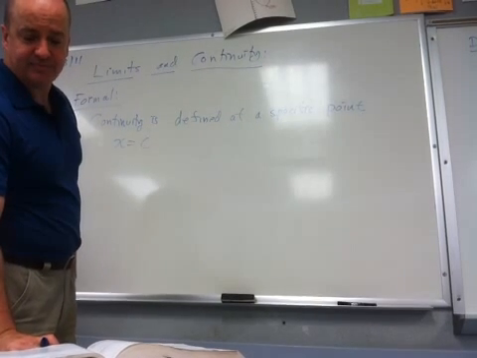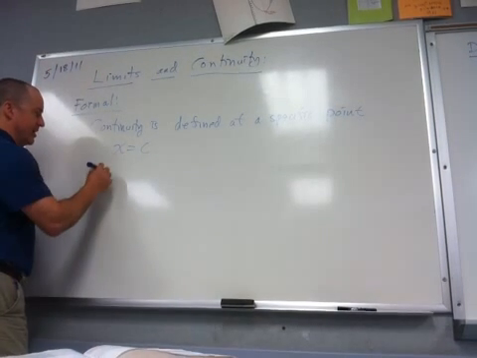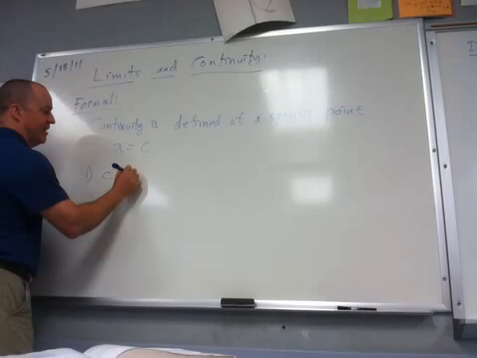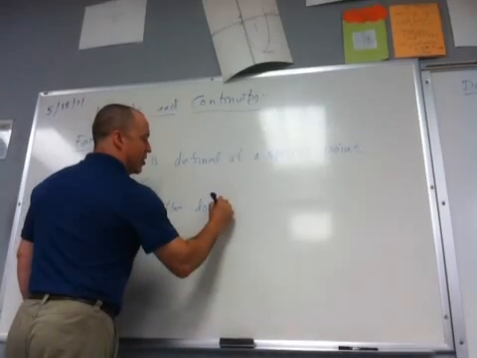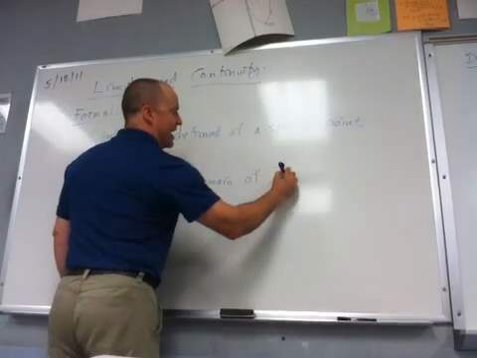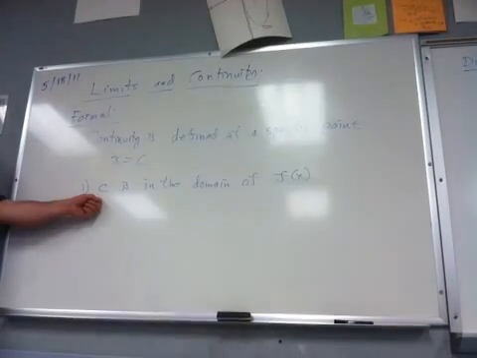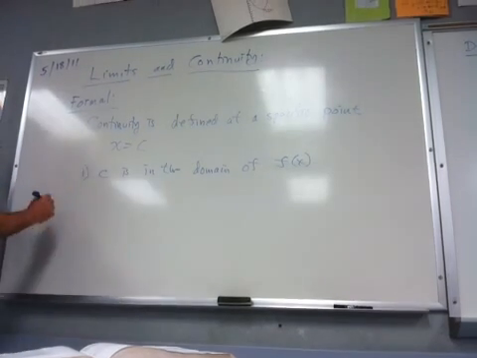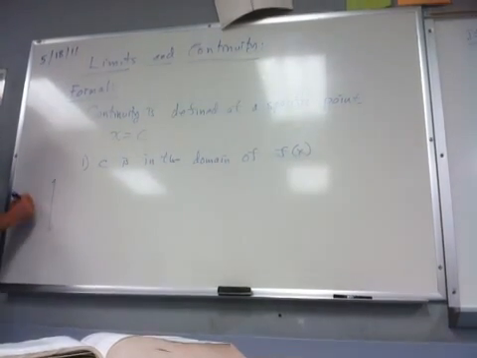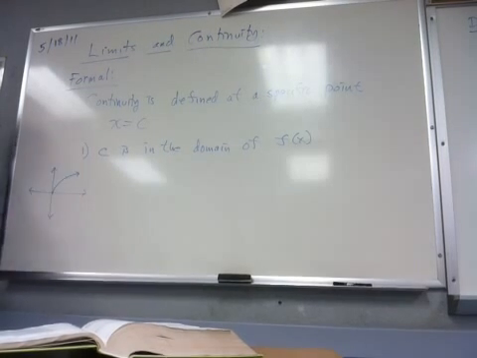And here are the 3 conditions. 1, c is in the domain of f of x. So for a function to be continuous at c, c has to be on that function. For example, what function does that look like?